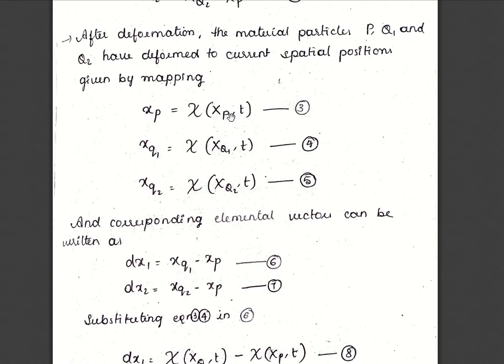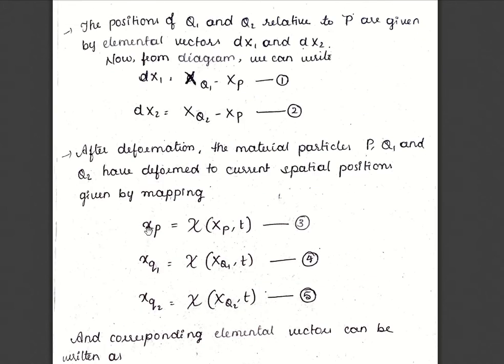The particle position depends on the original material position and on time. So x_p is a function of X_P and t. Similarly, x_q1 is also a function of capital X_Q1 comma t.